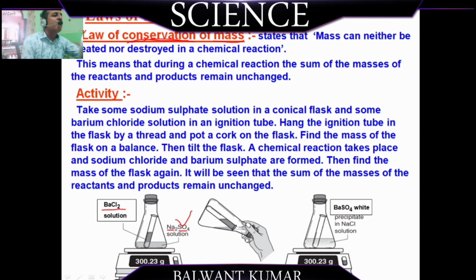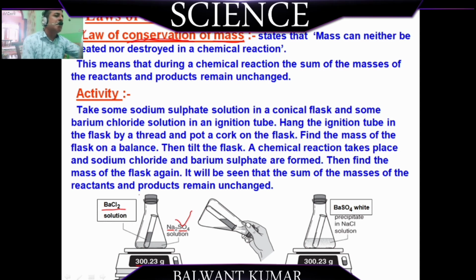What we are going to do? We are going to measure the mass of the contents which are undergoing the reaction, and as you can see here, 300.23 grams is the mass of this conical flask with the cork, with the test tube, and the two kinds of solutions, sodium sulfate and barium chloride BaCl2, which are taking part in the reaction.